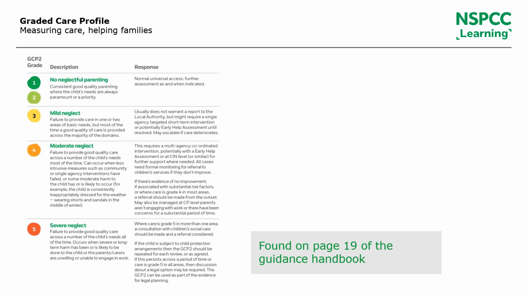You can use this guidance to help you think about what level of neglect is present for this child or family or young person, and as you can see, it's broken down in the same scoring way that we've been looking at all throughout, that 1 to 5, where 1 looks at no neglectful parenting, through to 5 where it talks about significant neglect for that child or young person. This then will help you make a decision as to what you need to do next with the information that you've got and what support or interventions might need to be put in place for this family.